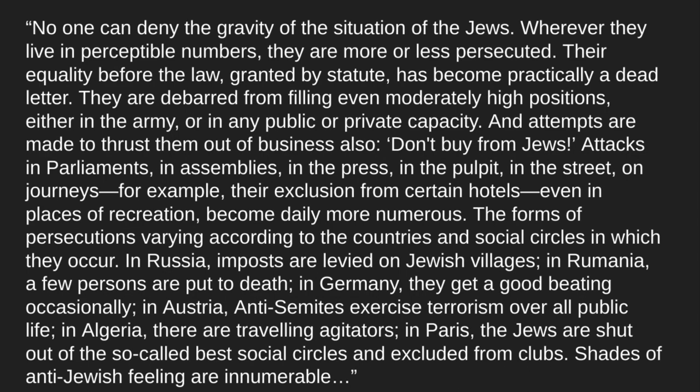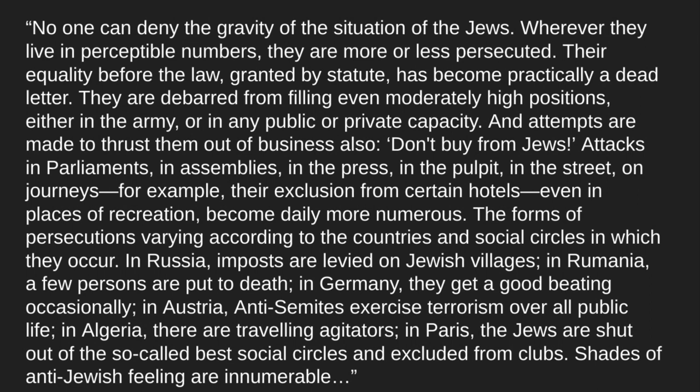Here's what Herzl says. "No one can deny the gravity of the situation of the Jews." Again, he's speaking as a European Jew, although I should note that he was both Ashkenazi and Sephardic, so he had both European Jewish and, let's say, Maghrebian, Spanish Jewish ancestry. "Whenever they live in perceptible numbers, they are more or less persecuted."